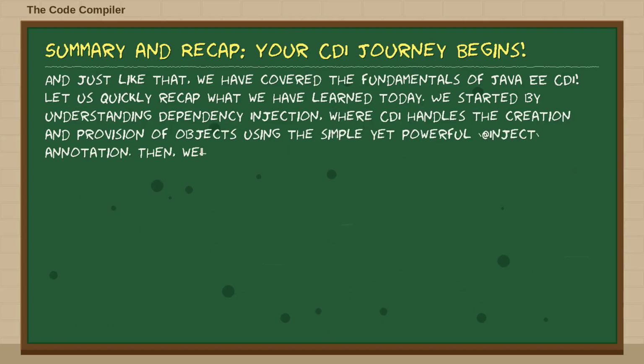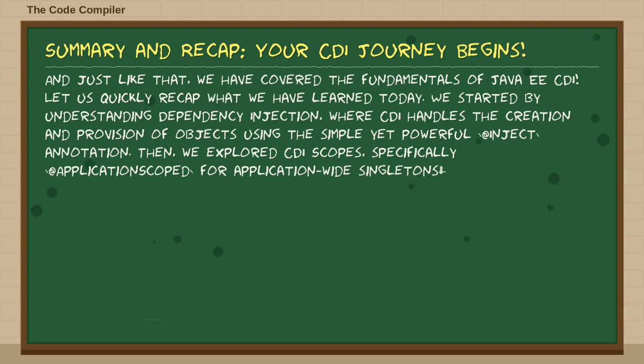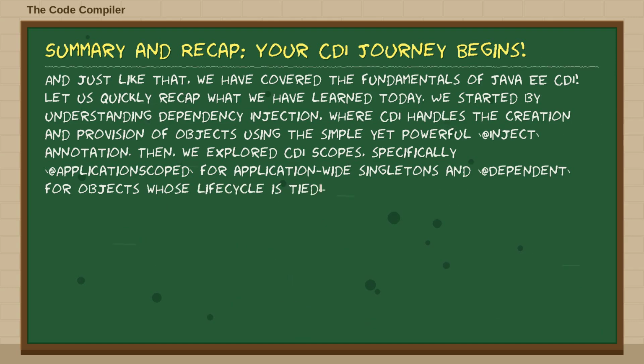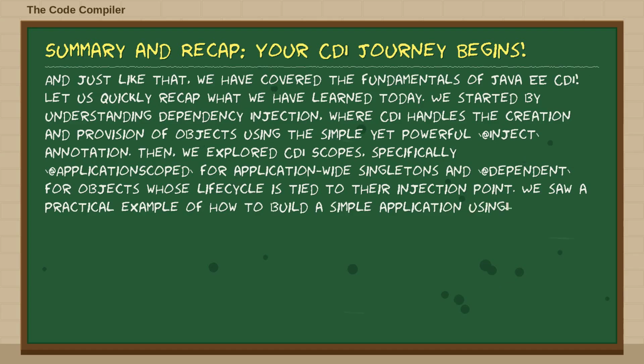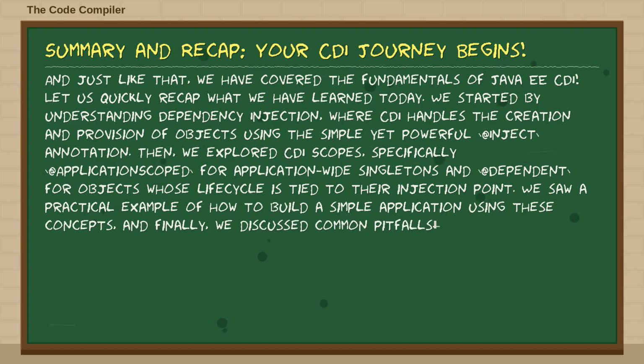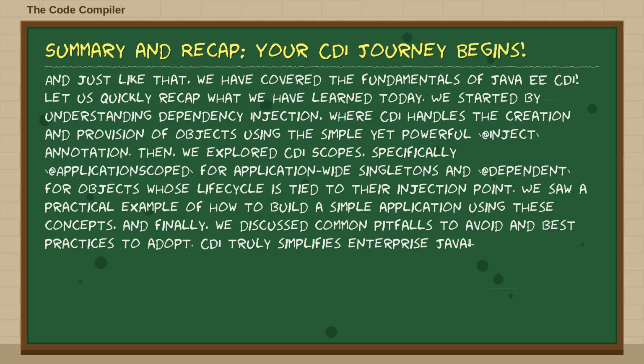Then, we explored CDI scopes, specifically @ApplicationScoped for application-wide singletons and @Dependent for objects whose lifecycle is tied to their injection point. We saw a practical example of how to build a simple application using these concepts, and finally, we discussed common pitfalls to avoid and best practices to adopt.